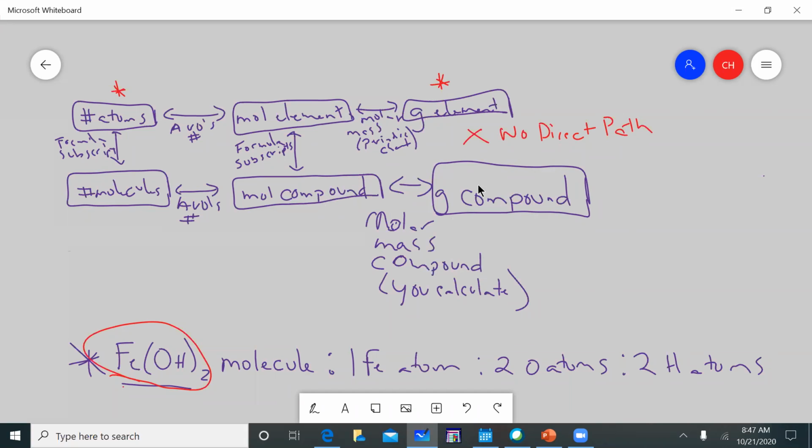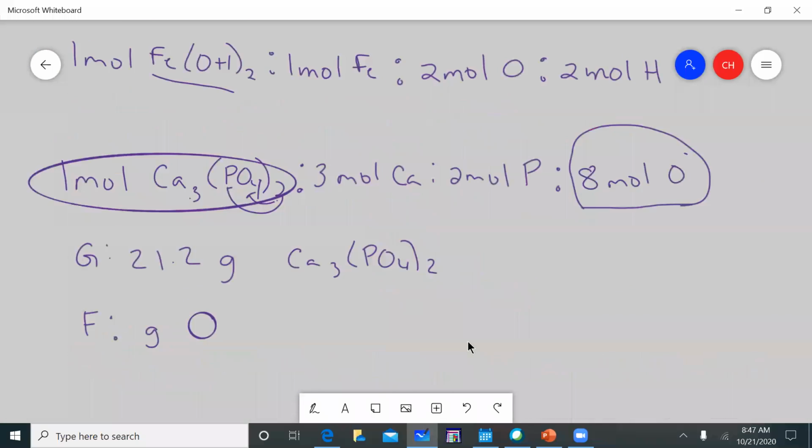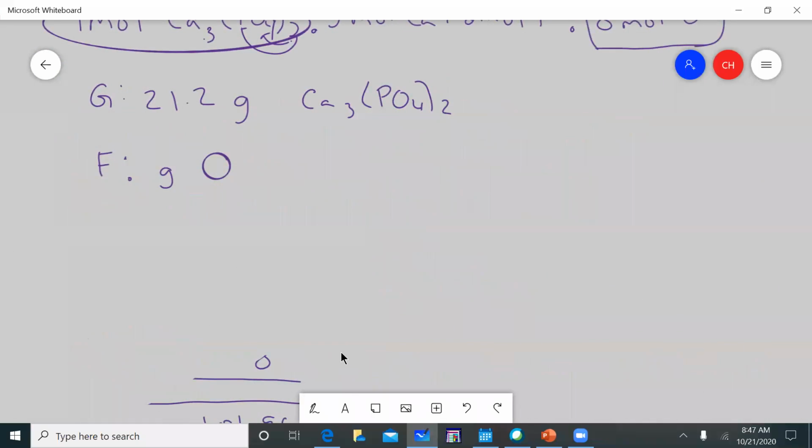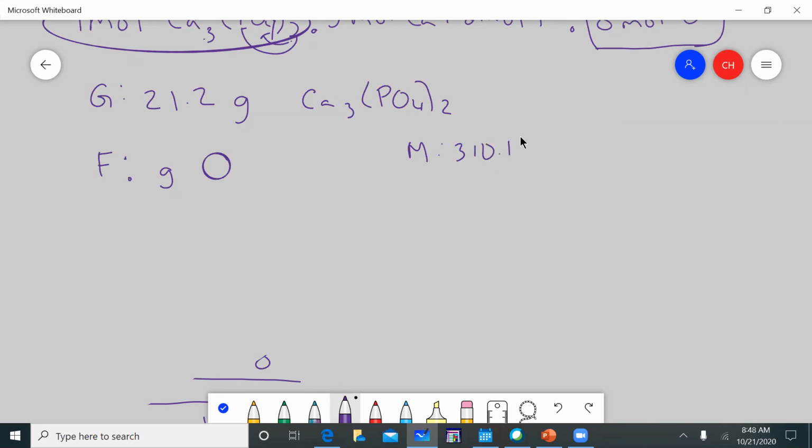So the first thing is to go from grams of compound into moles of compound. This is probably the most work that you have to do in any step, which is to calculate that molar mass. And the molar mass of calcium phosphate, I'm going to write it up here. We've got a molar mass of 310.18 grams per mole.